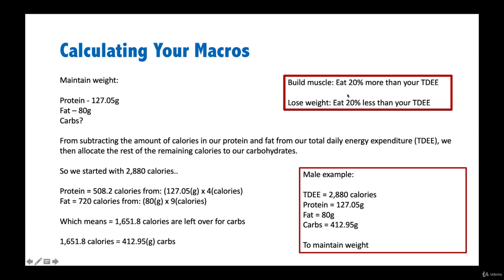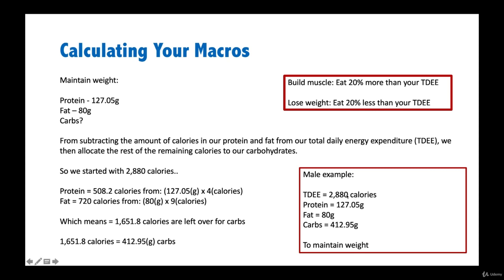But as an average rule of thumb, a rough guide to build muscle, you need to be eating 20% more than your TDEE. So for example, if I wanted to build muscle and my calorie intake to maintain weight was 2,880, I need to be eating 20% more than that in order to gain muscle. 20% of 2,880 is 576.